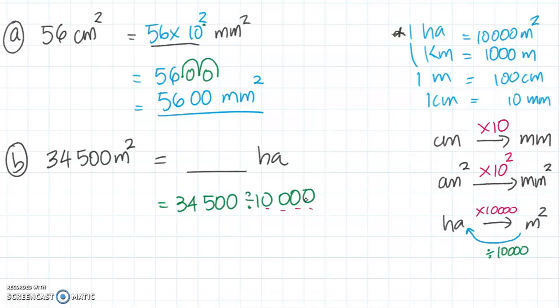That indicates that our decimal point will shift 4 places because we are dividing. Dividing means it'll move to the left or backwards. At the moment in 34,500, the decimal point is right at the end. If we shift it back 4 places in between digits, it goes 1, 2, 3, and 4. So it ends up between 3 and 4, which gives us 3.45 hectares.